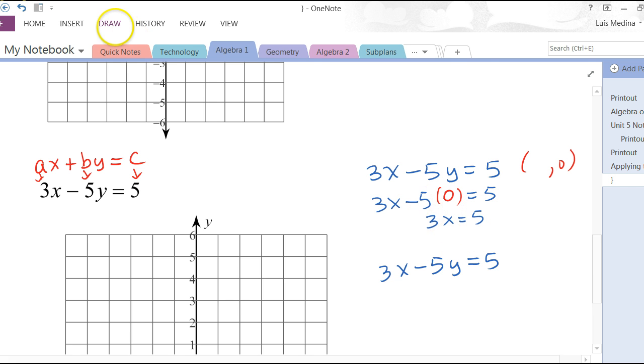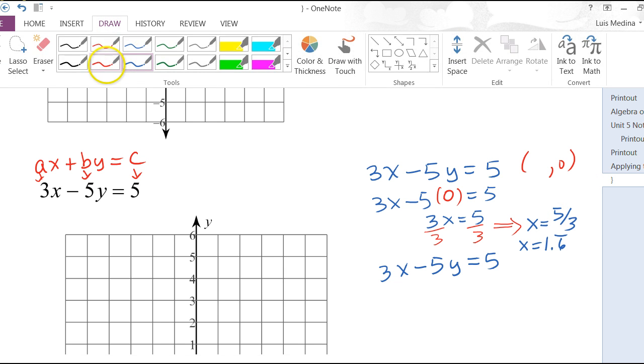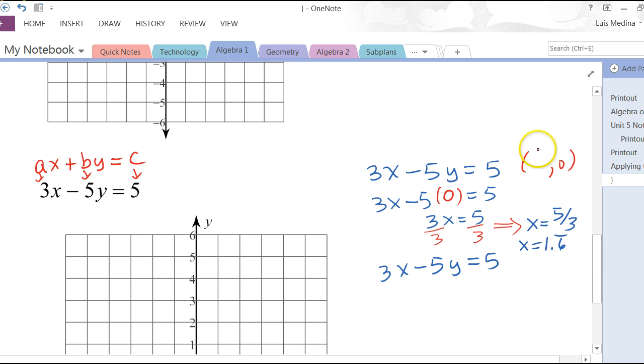Divide by 3 on both sides. And my answer is x is equal to 5/3. Or if you divide in the calculator, it should give you approximately 1.6, right? The little dash since it repeats. All right, so that's how I find it. So what's my point? My point will be 5/3 or 1.6, right?